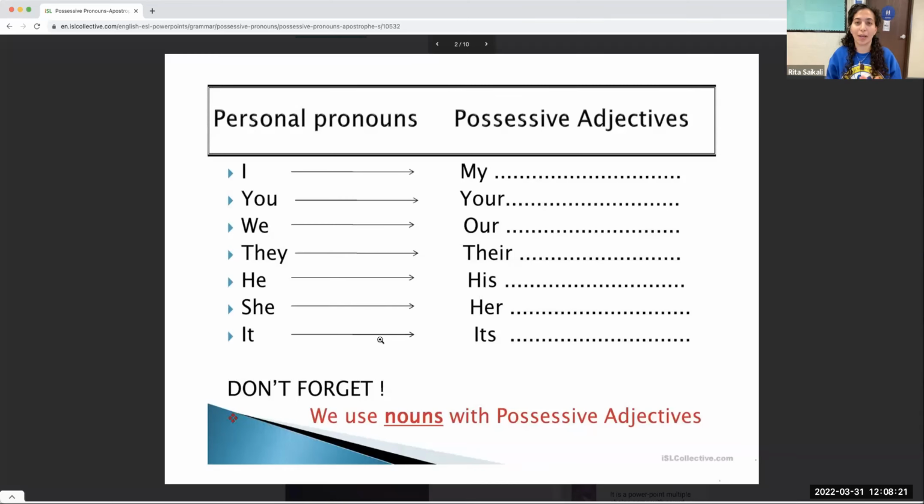Okay, so adjectives give us more information about the noun so that we know it more, right? So when I say "the boy is running," that gives me some information that it's a boy. But what if I say "the tall boy is running"? Now I know a little bit more about the boy.